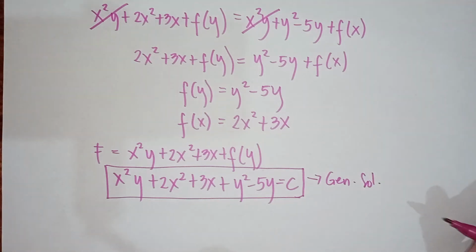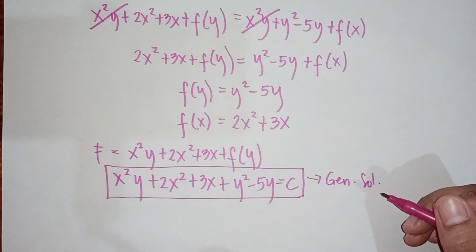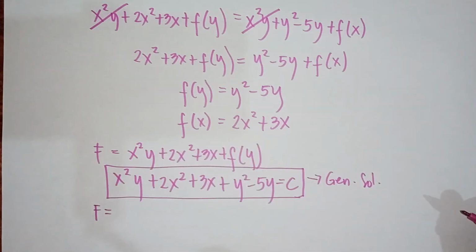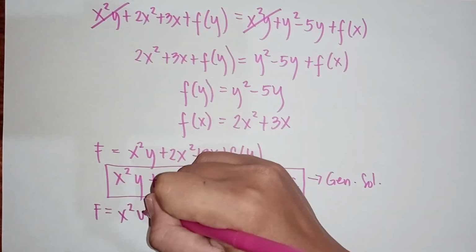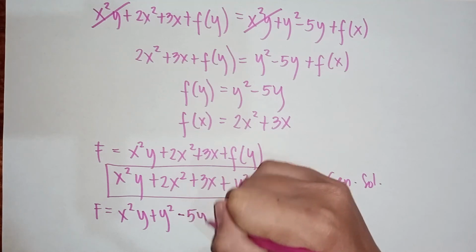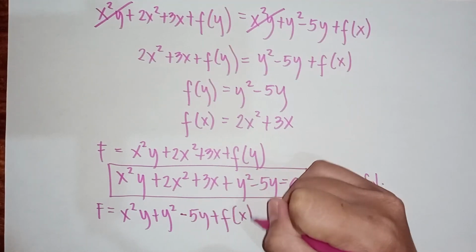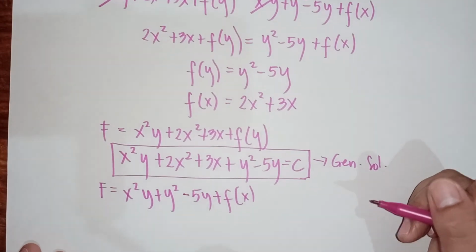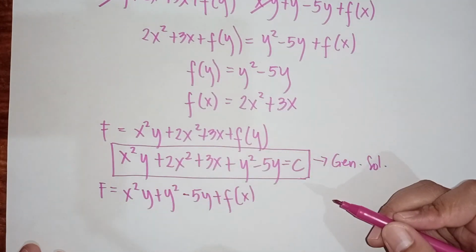Okay? So paano pag ginamit natin yung isang value ng f? Okay? Yung isang value ng f natin kanina mga boss, that is x squared y plus y squared minus 5y plus f of x. Yung gagawin natin is we're going to substitute the value of f of x and replace c to f.